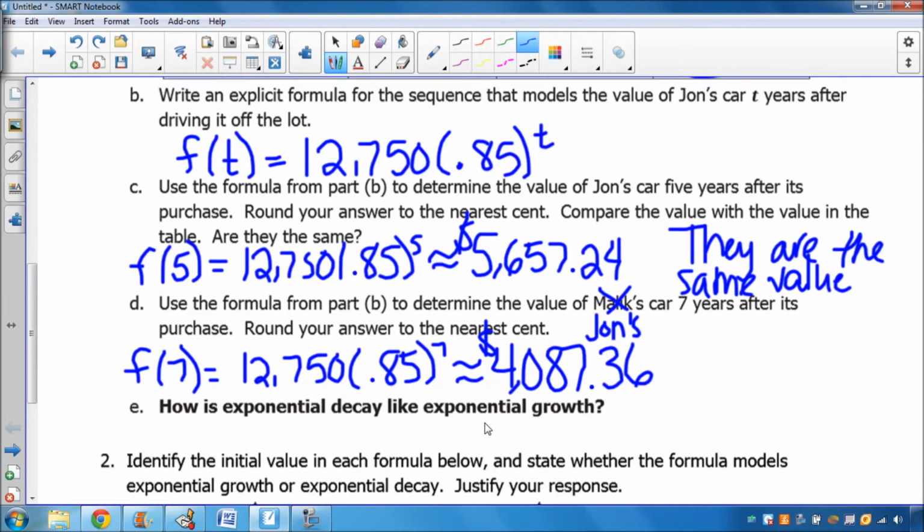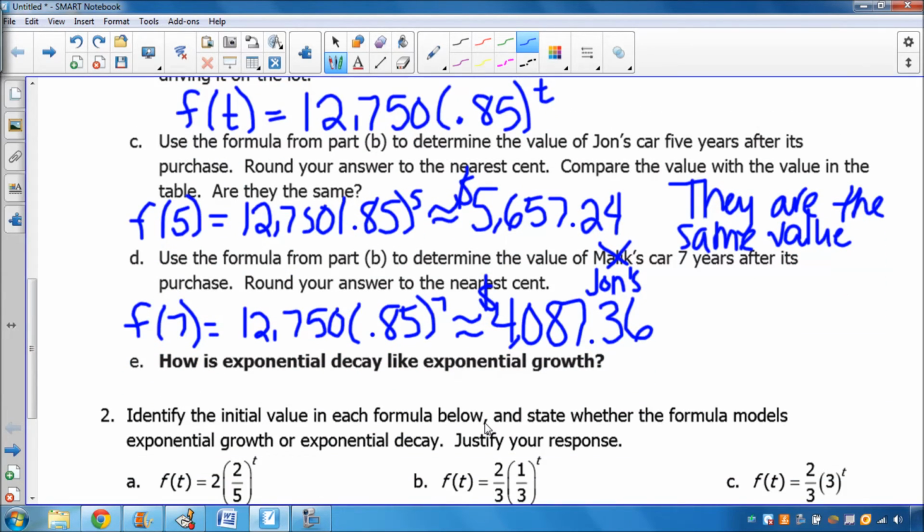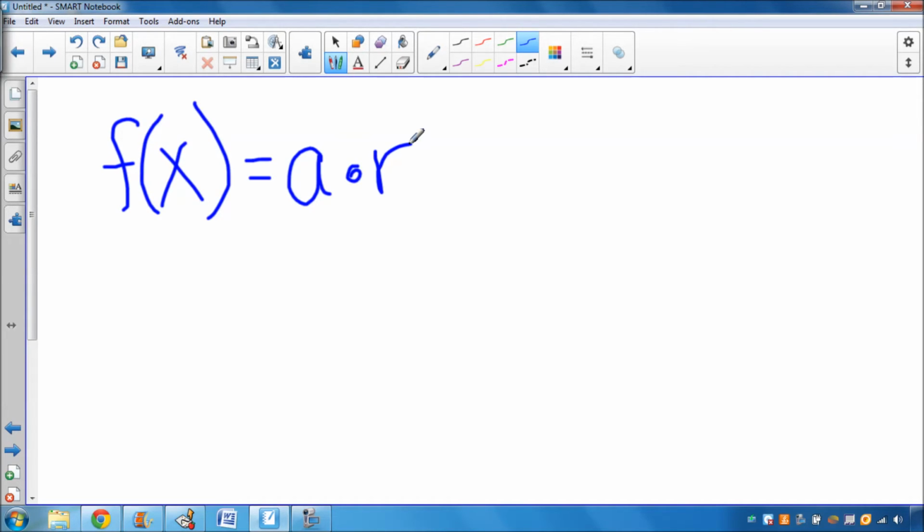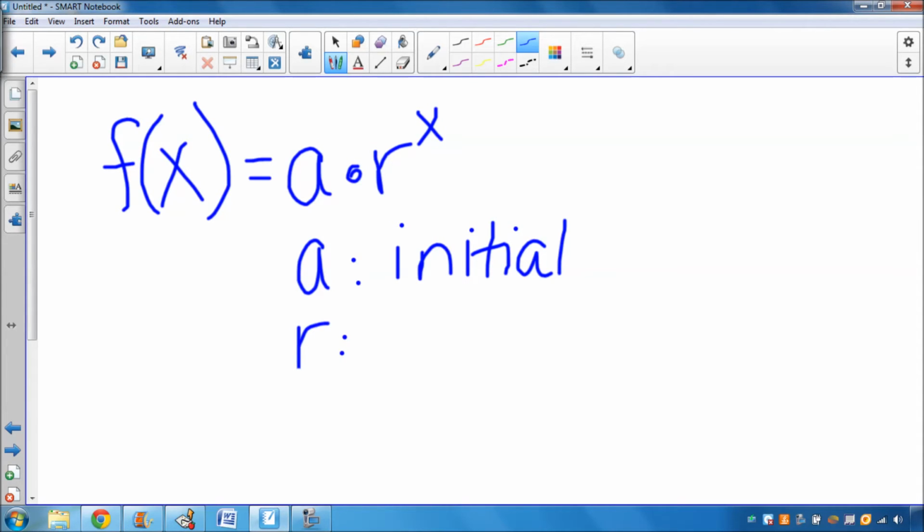So how is exponential decay like exponential growth? Well, if you remember, we said that the general equation for exponential growth is a times r to the x power, where a is the initial amount, and r is the growth ratio.